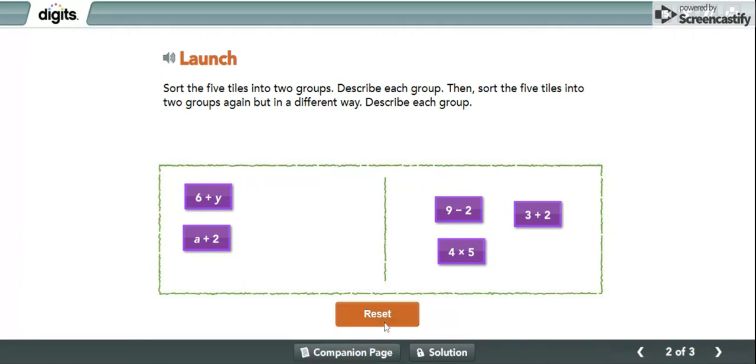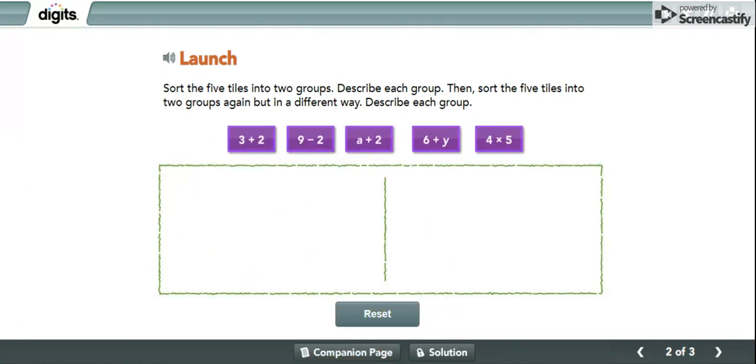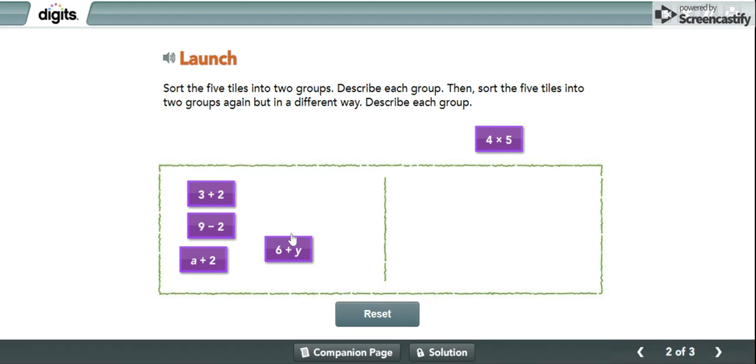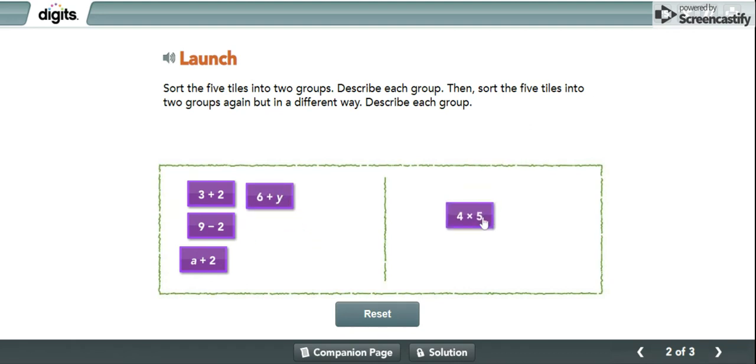So let me reset these and sort them in a different way and see if you can figure out how I've sorted them this time. What do you think? Think about it for a minute.